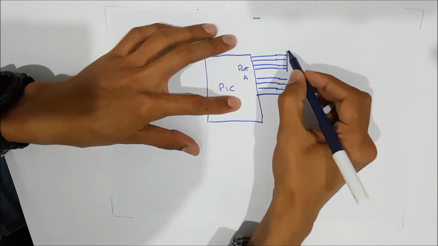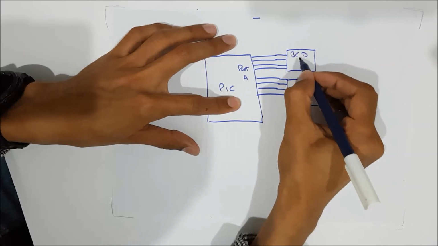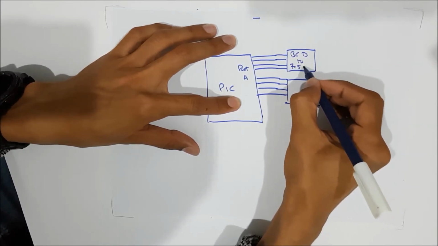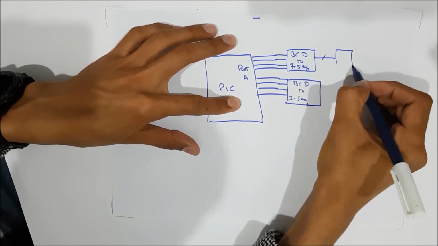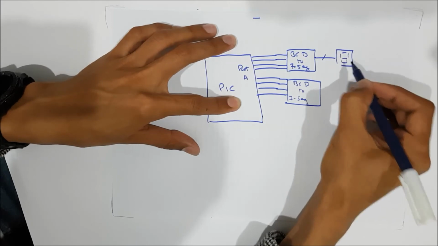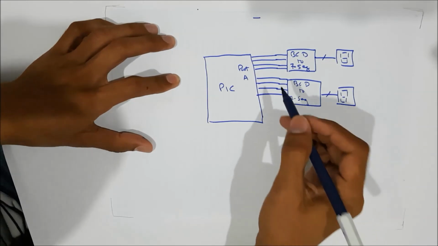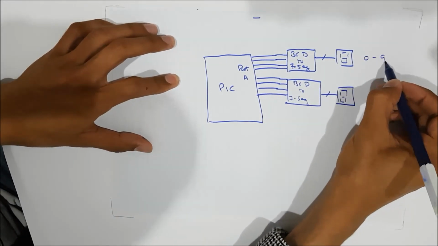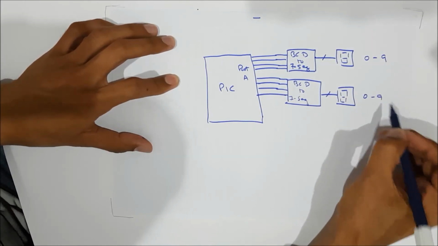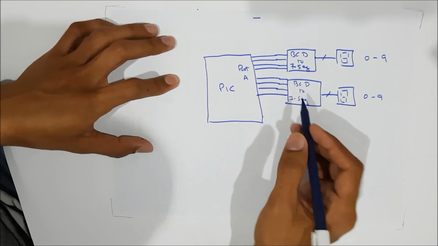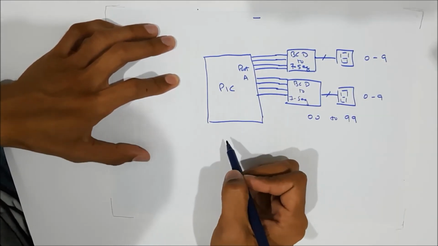But if we add a BCD to 7-segment decoder here, and then we connect a 7-segment display here, and we send values from 0 to 9 through the lower nibble of port A and 0 to 9 from the upper nibble of port A, we can count from 00 to 99 using a single port.